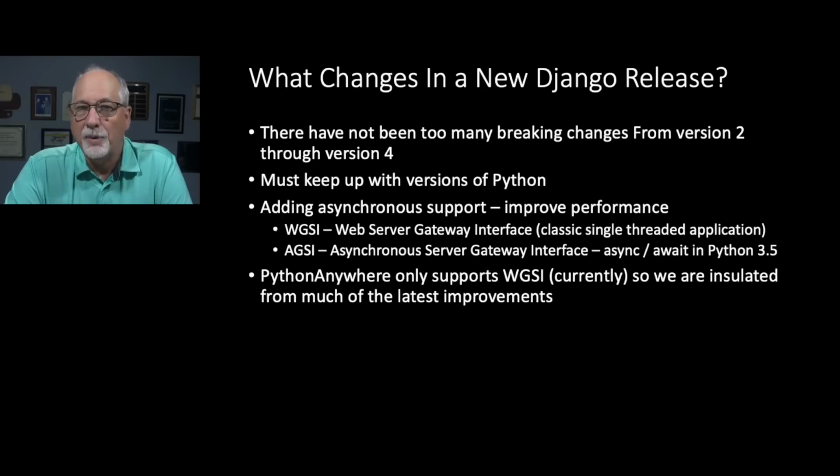The way Python applications talked to port 80 basically was through this WSGI, Web Server Gateway Interface. And this was a performance limitation in that there was just one thread. Now there were ways that you could have multiple instances of your Django application talking to the database, and you could have multiple threads. So you'd have to have multiple WSGI.